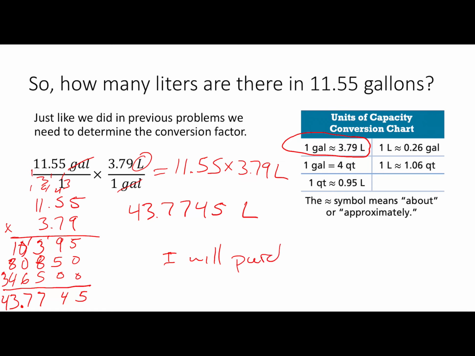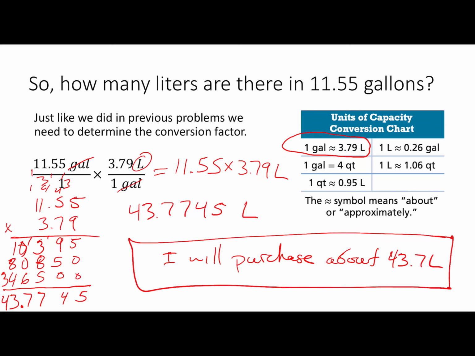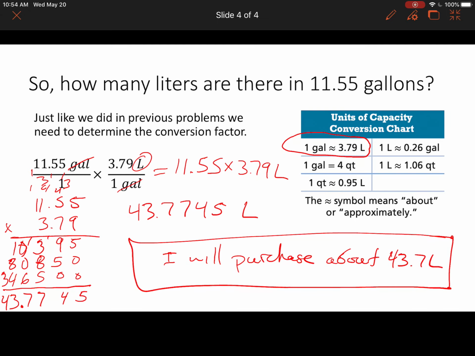And we'll say I will purchase about 43.7 liters. Might even be less than that. But that is how we convert from gallons to liters.